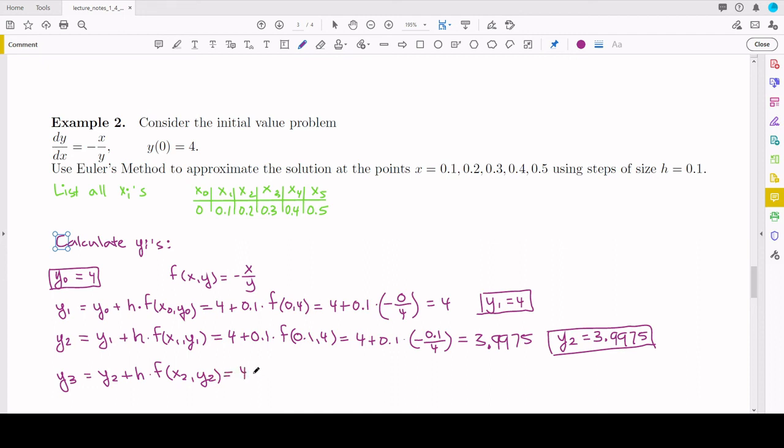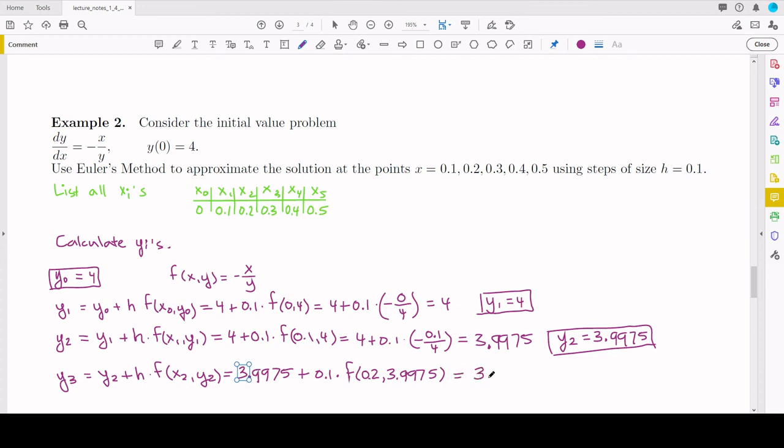Sorry, we're no longer at 4. y2 is now 3.9975. So that's 3.9975 plus 0.1 times f of x2 is 0.2, comma, 3.9975.